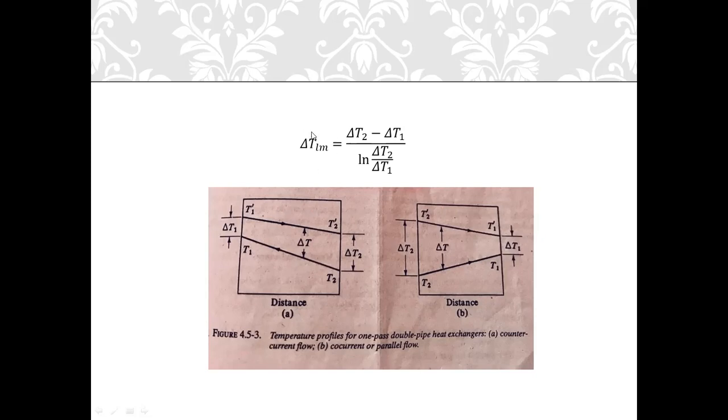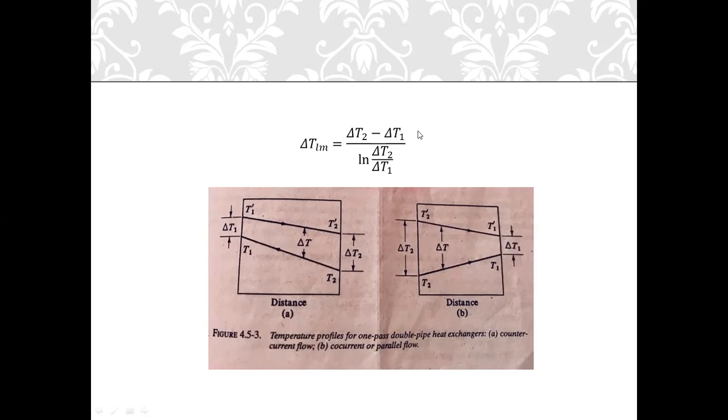So the question is, when will we use this particular formula? You will use this when your fluids are flowing in concentric pipes. It could be a bundle of pipes. In the case of heat exchangers, you have a bundle of pipes and a shell, with a fluid flowing inside the shell and a different fluid flowing inside the bundle of tubes.